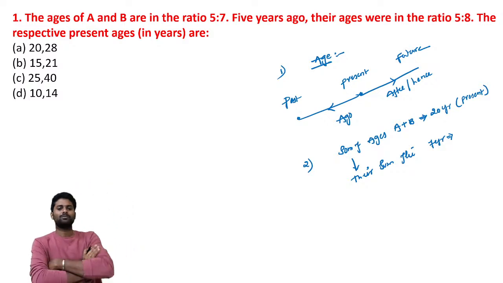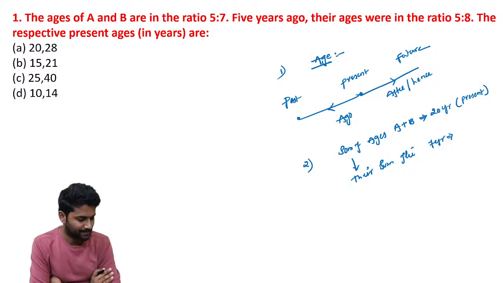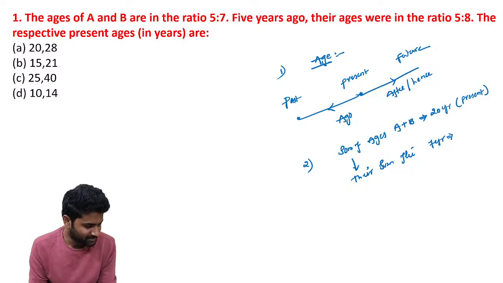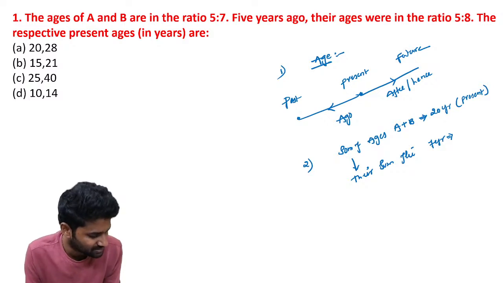See, what is the sum of their ages after 7 years? Sum of present ages is 20 years.